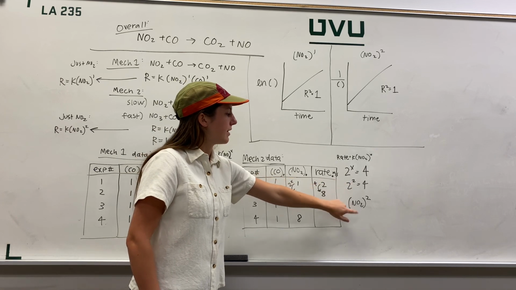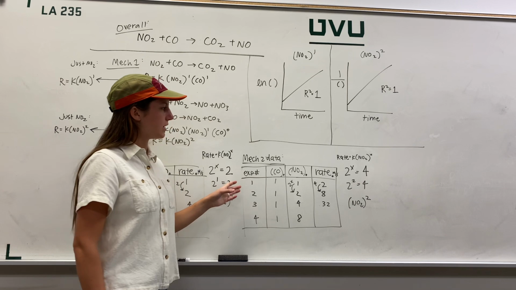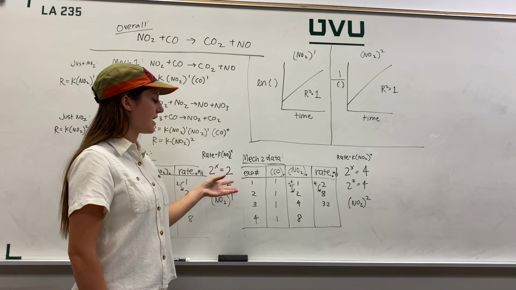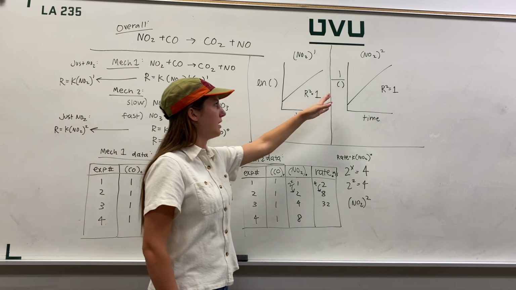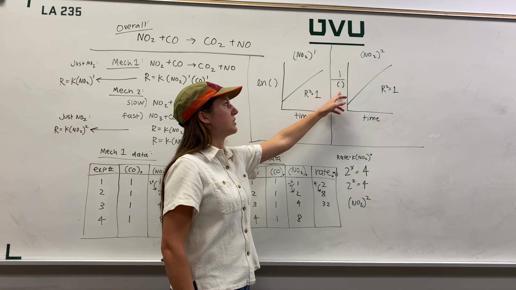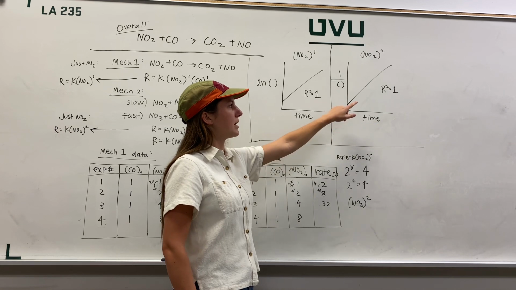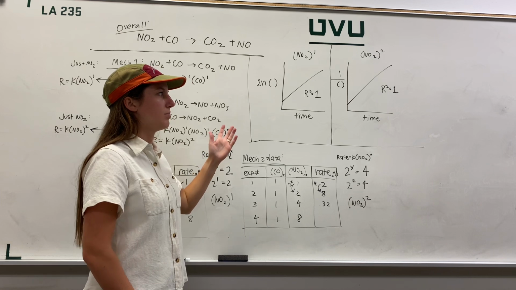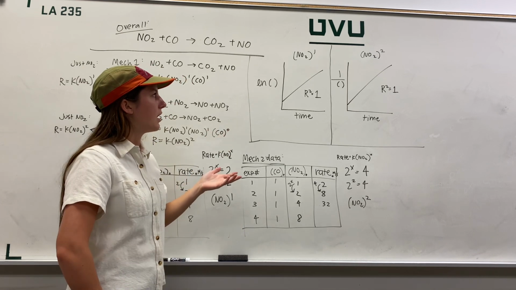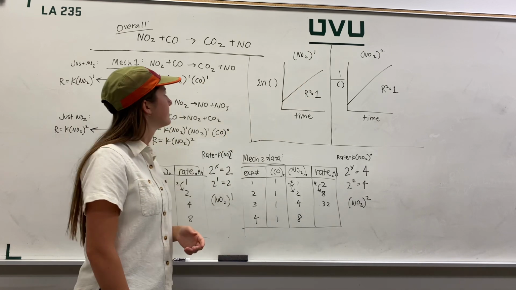So that would mean that nitrogen dioxide is to the second order. If we graphed that data, we would get a straight line when 1 over the concentration of NO2 is plotted versus time, with an R-squared value of 1. And we would know that NO2 would be to the second order.